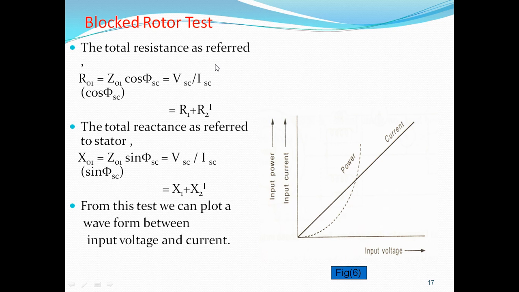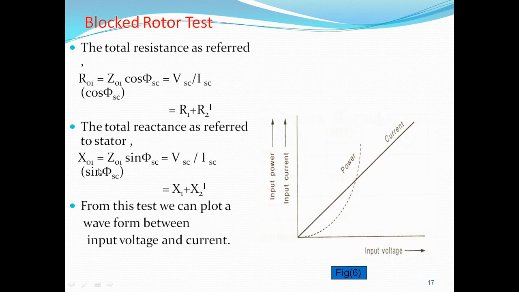From the blocked rotor test, we can calculate R naught 1 and X naught 1, where R naught 1 is the total resistance referred to primary and X naught 1 is the total reactance referred to primary. So R naught 1 is R1 plus R2 dash, where R2 dash is the secondary resistance referred to primary.